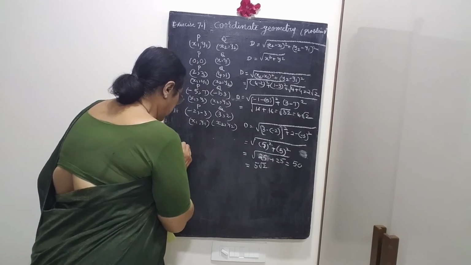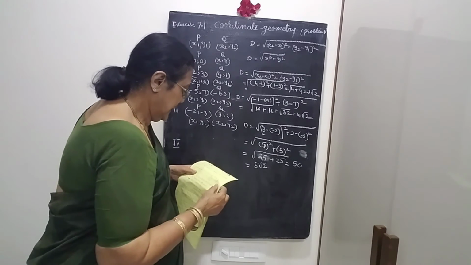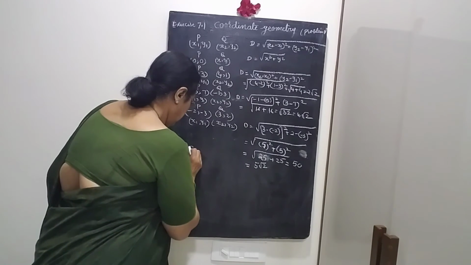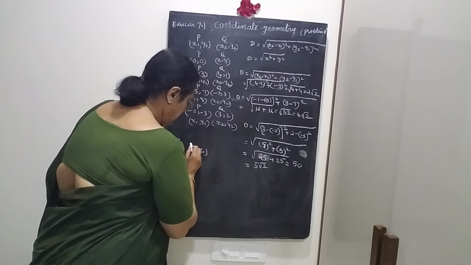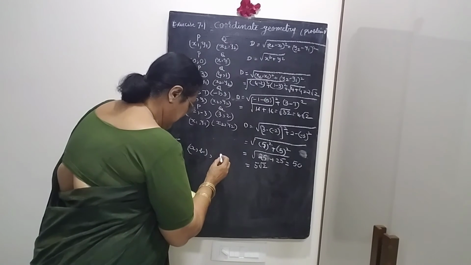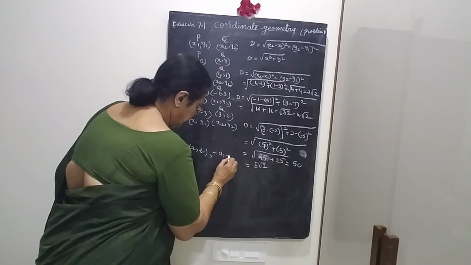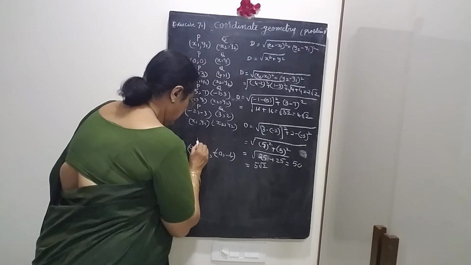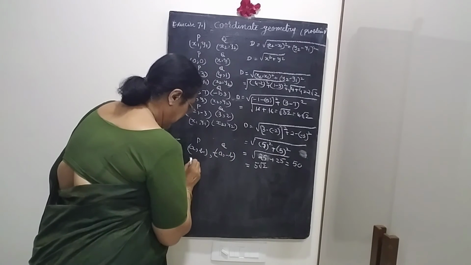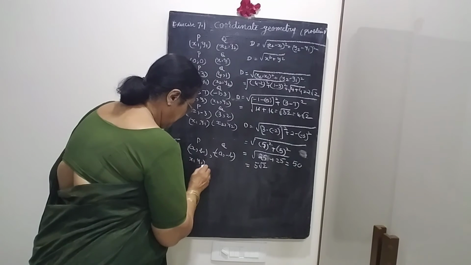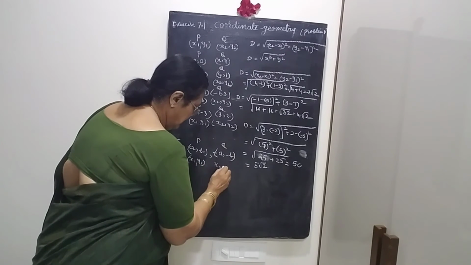And the fourth bit is (A, B) and (minus A, minus B). This is P, this is Q, x1, y1, x2, y2.